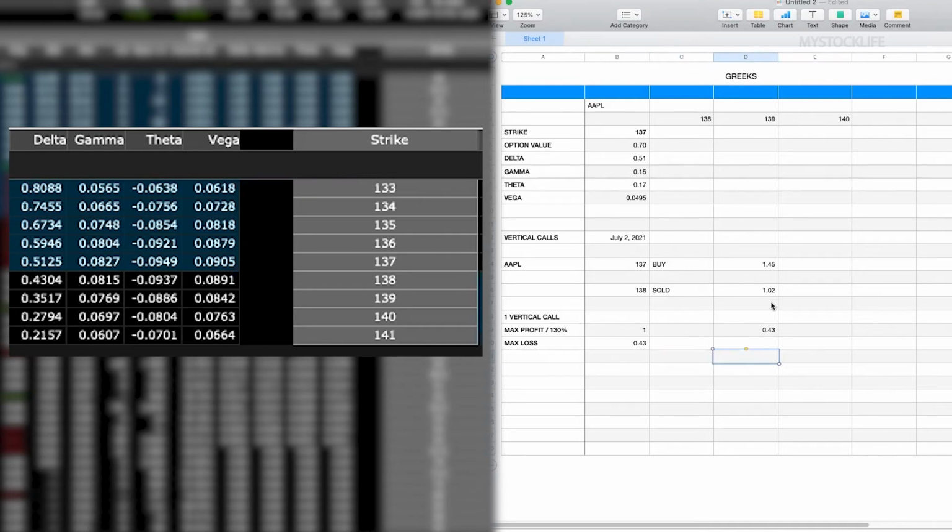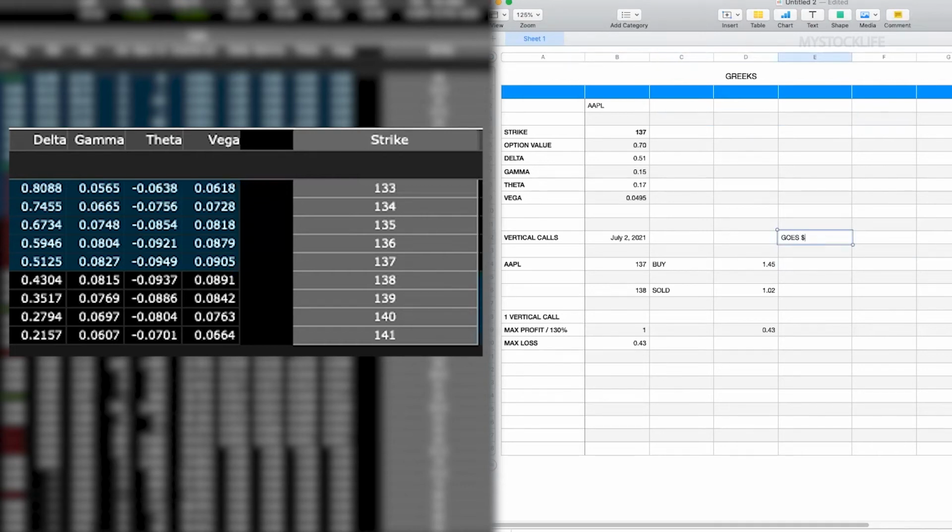Now, how does this work? Let's say Apple moves up $1. How does the spread work? The 137 call, we bought it at 1.45, right? And Apple goes up $1.